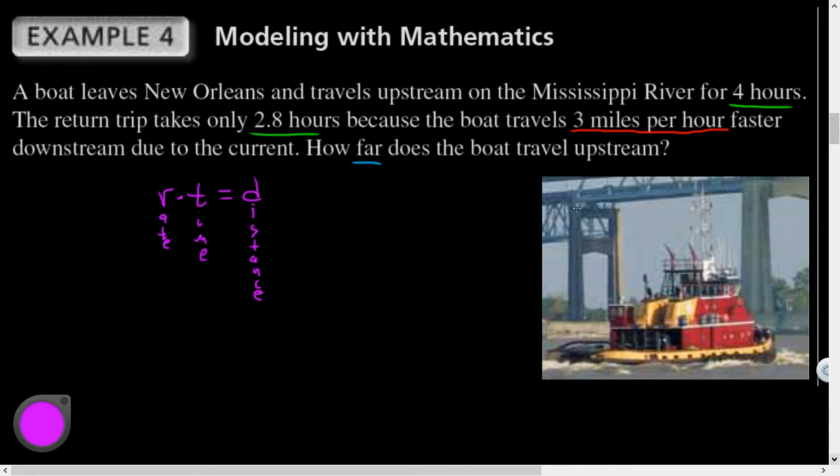Okay, so let's see. What do we got here? Now, how does the distance that the boat traveled upstream compare to the distance it traveled downstream? Let's see, it travels upstream for 4 hours, and then it said return trip. You guys agree, right?